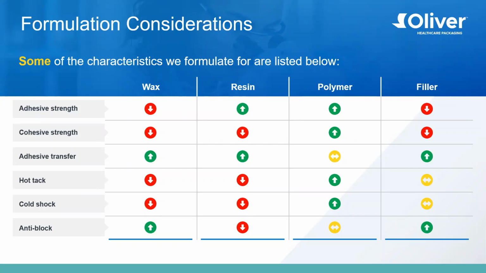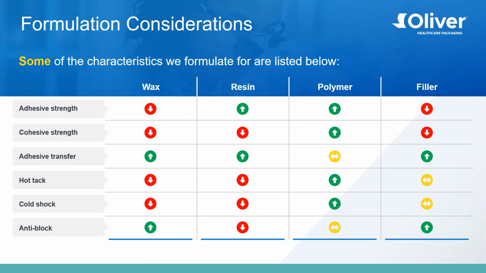And so some of the characteristics we're looking at are adhesive strength, and we talked about that a minute ago. Cohesive strength, which we just talked about, and that's driving the end user experience with peel strength. Adhesive transfer, so we can formulate to make the appearance of the seal look more opaque and white versus less, so that's an important characteristic.